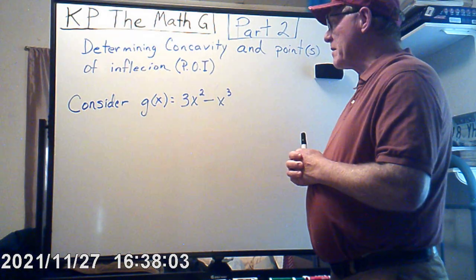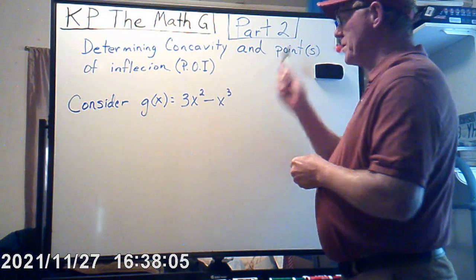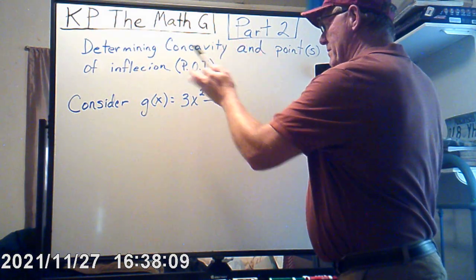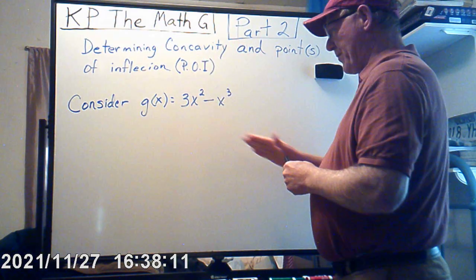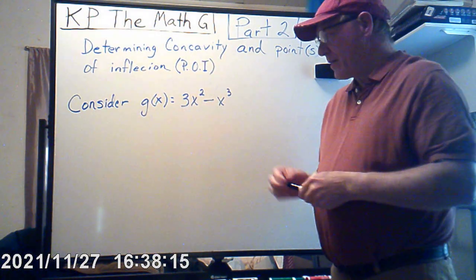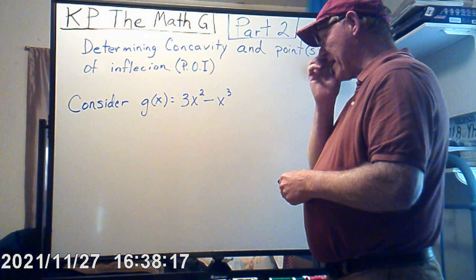So here we are, doing part 2. We're determining concavity and points of inflection from the function g, 3x squared minus x cubed.